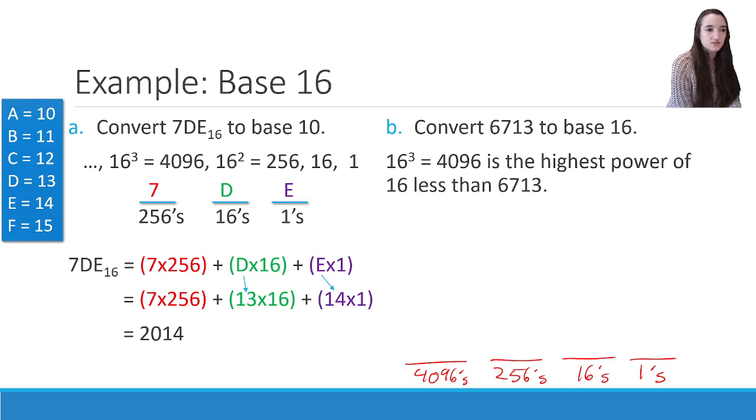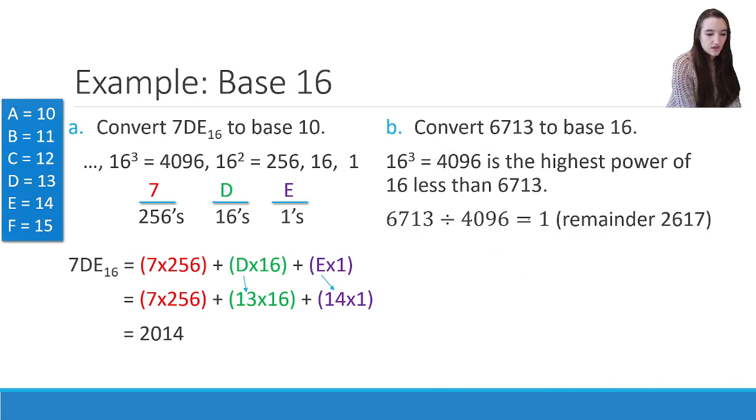We fill it out by starting with 6,713 divided by 4096, which gives us specifically 1.6389 yada yada. I don't care about this part. Remember, what I care about is the 1. And then we find the remainder.